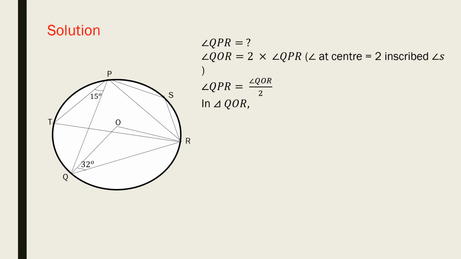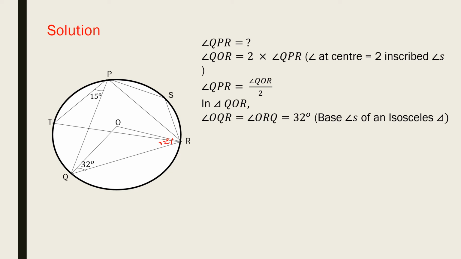So I want to use it to solve. This triangle is an isosceles triangle, meaning that the base angles are equal. So since here is 32, from here to here is also 32 degrees.